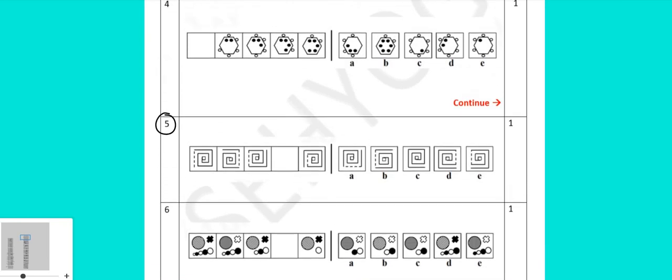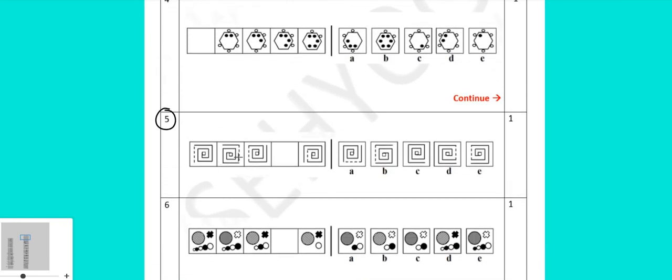Moving on to the last example under this topic, shape sequence, is example number 5. Here this may seem like a maze, so let us look at how it goes.